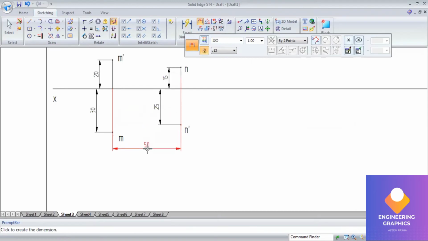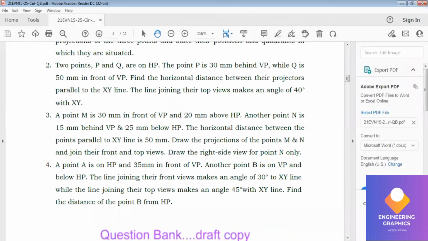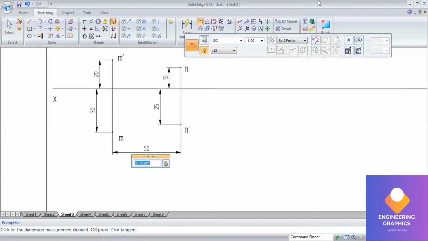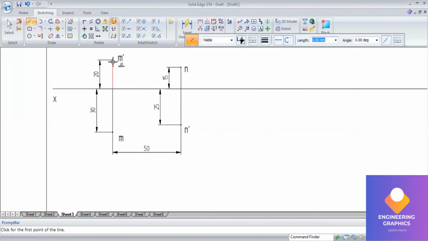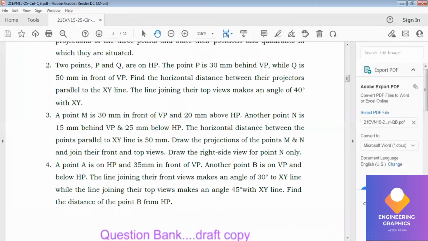So here we're getting 50 mm. Now join their front and top views. So join the top views and the front views with lines.